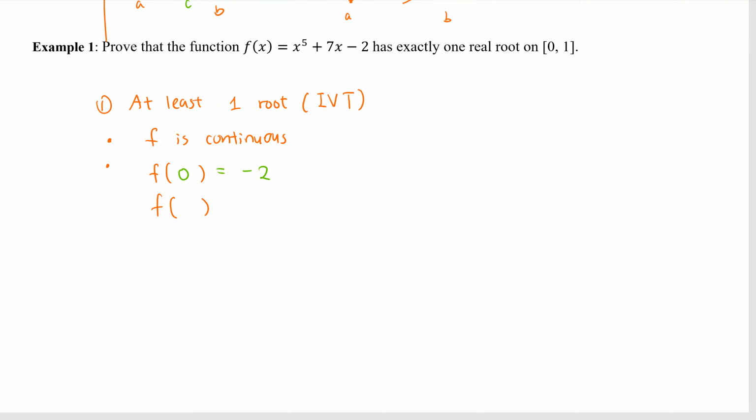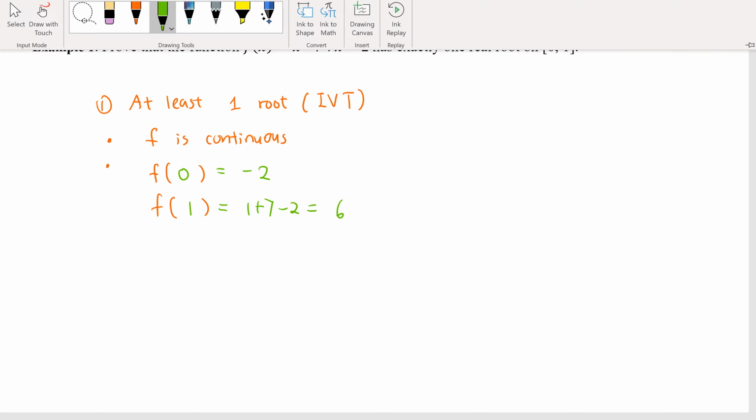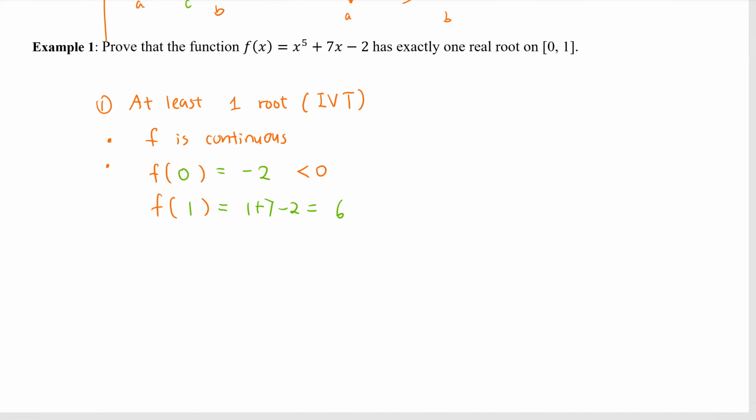And we plug in 1. When we plug in 1, we get 1 plus 7 minus 2, that is 8 minus 2, 6. That is positive. So we need to find a point where f of that value is negative, and we also need to find a point such that f of that point is positive. This is the hypothesis of the intermediate value theorem.